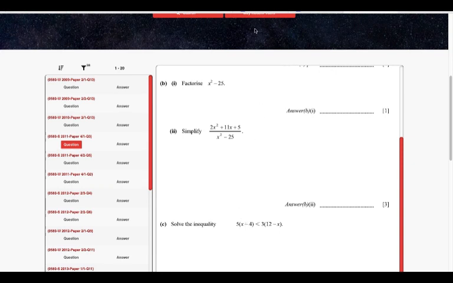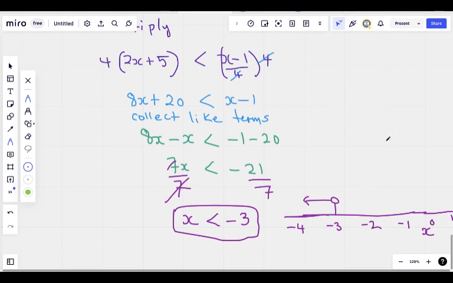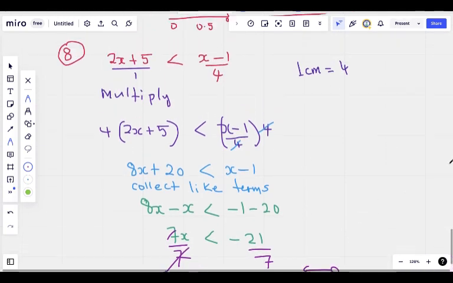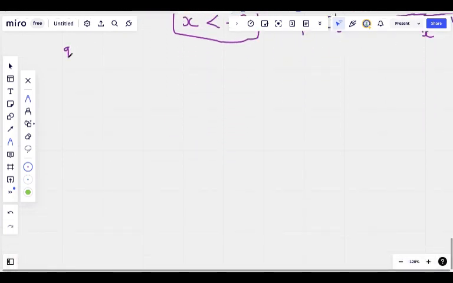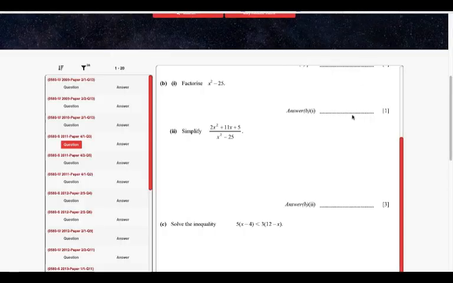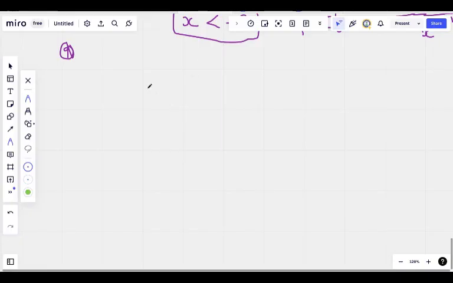Question number 9. 5 into x minus 4 is less than 3 into 12 minus x.